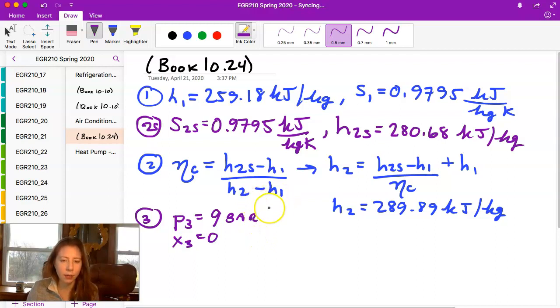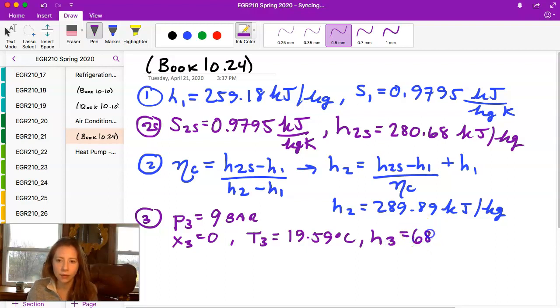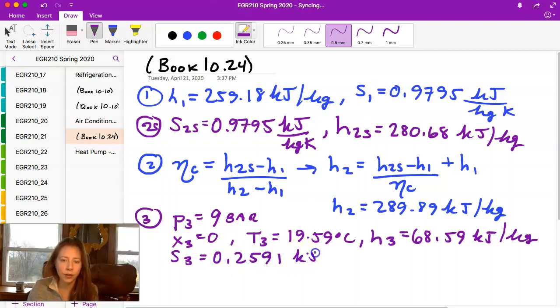And so looking at our tables, we can figure out that T3 is 19.59 degrees Celsius, and that h3 equals 68.59 kilojoules per kilogram. So remember, we're under the vapor dome there. And that s3 is 0.2591 kilojoules per kilogram Kelvin.